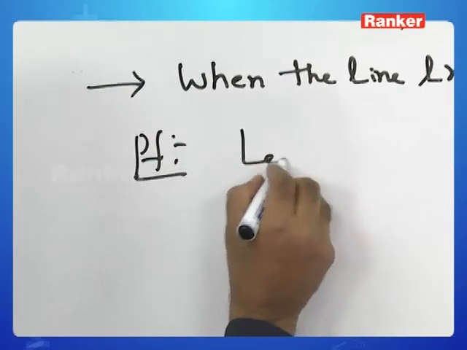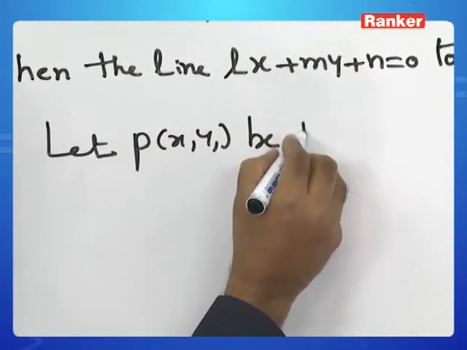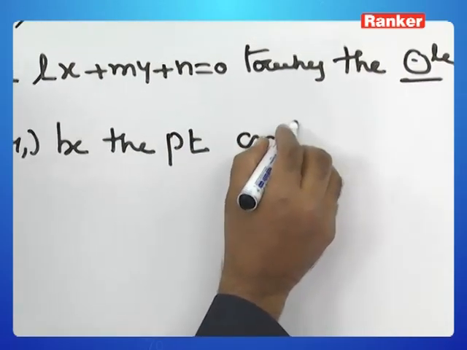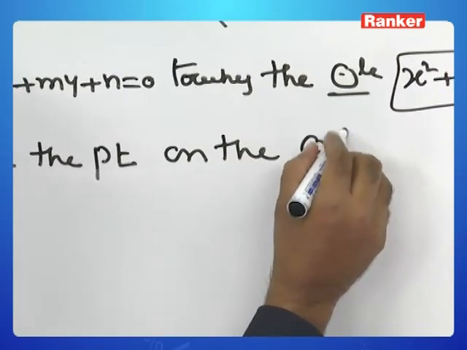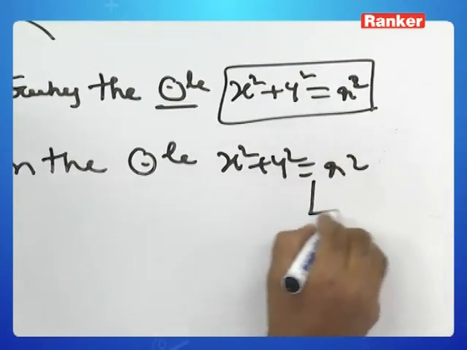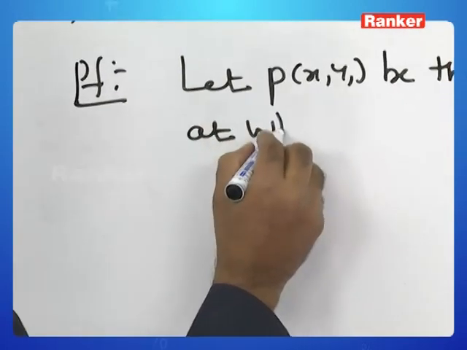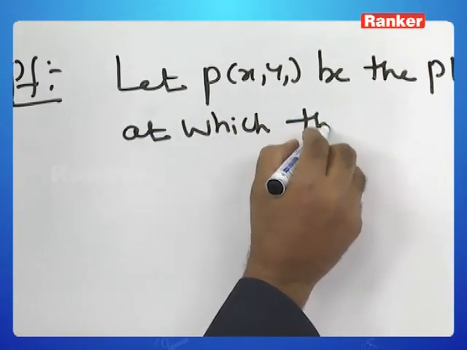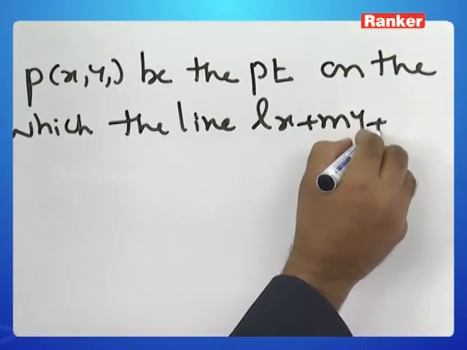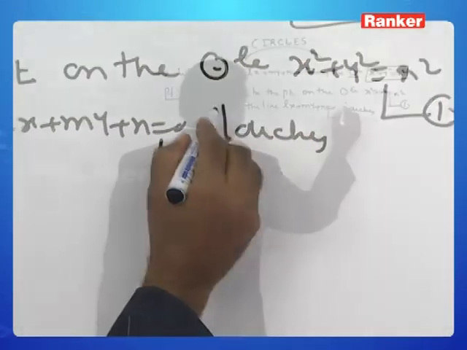Now let P of x1 comma y1 be the point on the circle x square plus y square is equal to r square, at which the line Lx plus my plus n is equal to 0 touches.